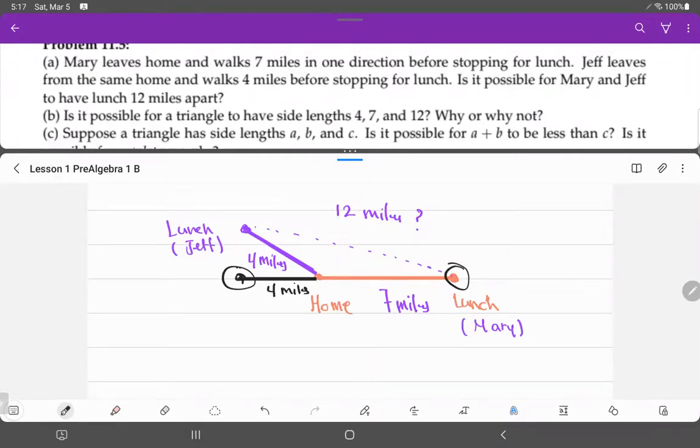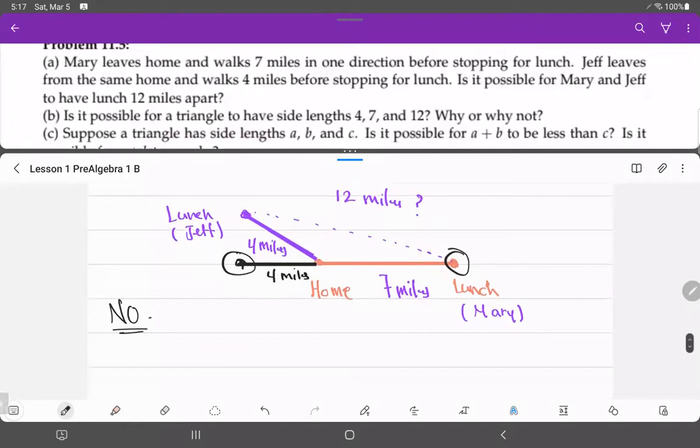So yes, to answer this question, no. Why? Because we just explained why. Is it possible for a triangle to have sides 4, 7, 12? Also no, for the same reason. Otherwise, it's not going to be a triangle.